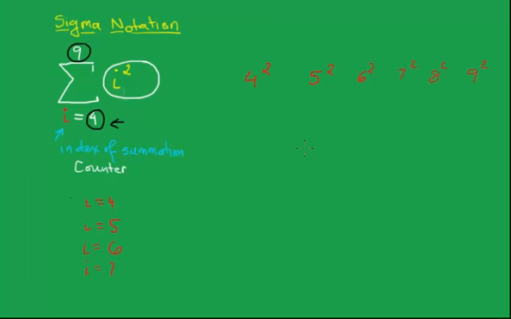It's 9 squared. But what do you do with all these numbers? Remember, it's the summation, so you add all of them, and that's what the sigma, this expression to the left, stands for.